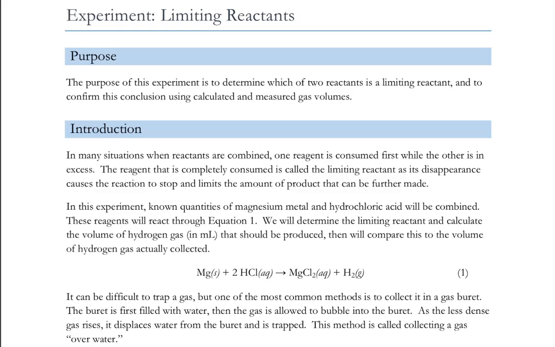For the limiting reactants experiment, we will be combining magnesium metal, a strip of magnesium metal, with HCl. According to reaction 1, that will produce magnesium chloride, which we're not really doing anything with, and H2 gas, which we are working with.